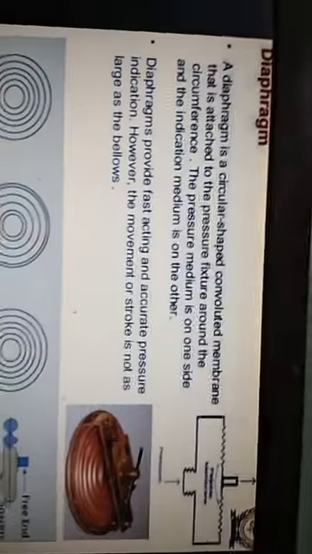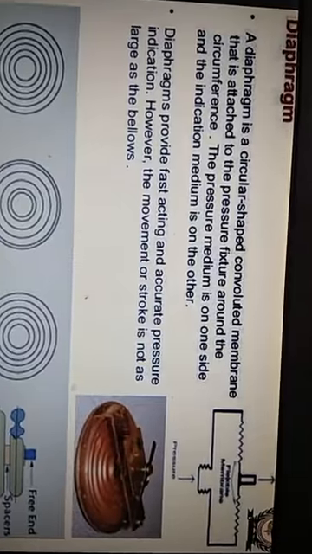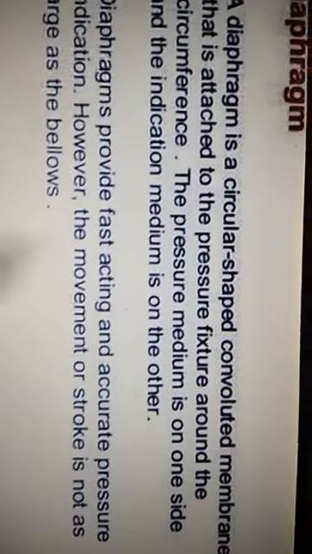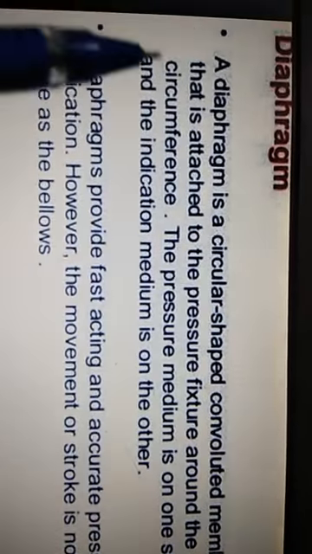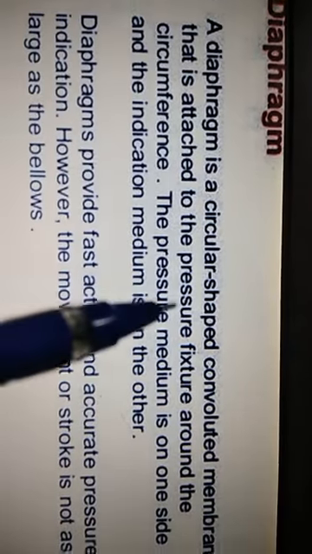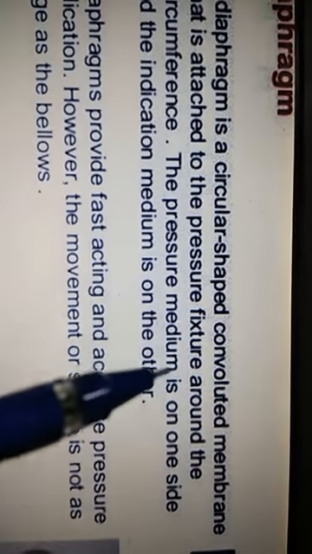Then the next sensing element for the pressure measurement is the diaphragm. A diaphragm is a circular shaped convoluted membrane that is attached to the pressure fixture around the circumference.